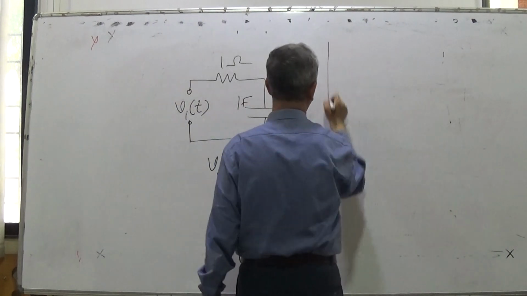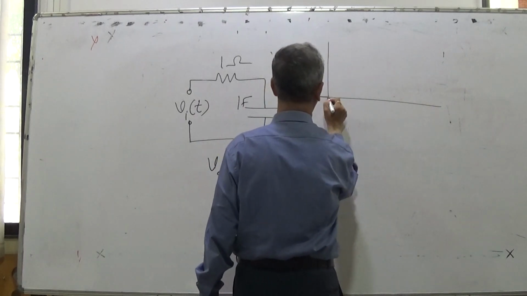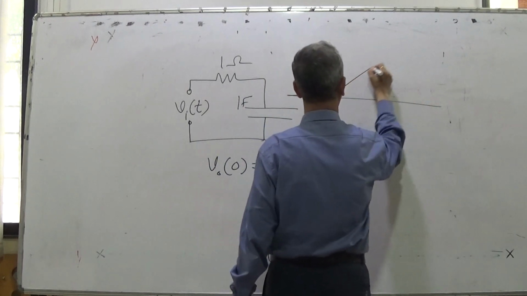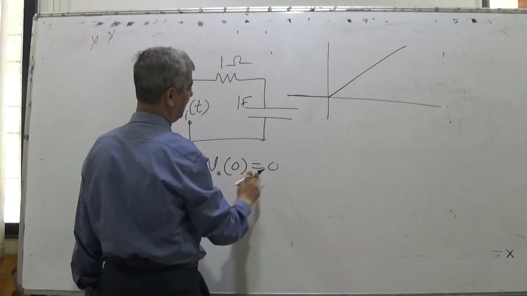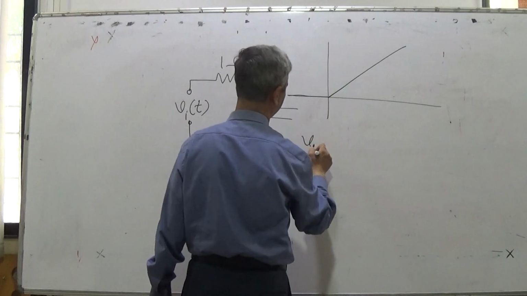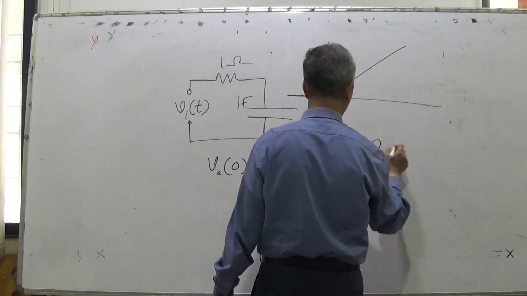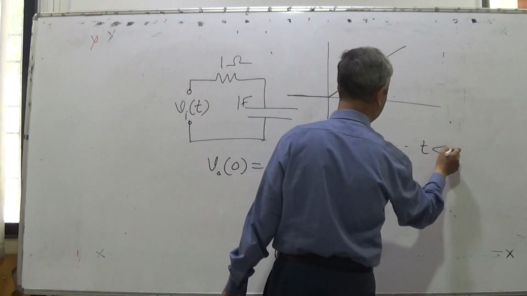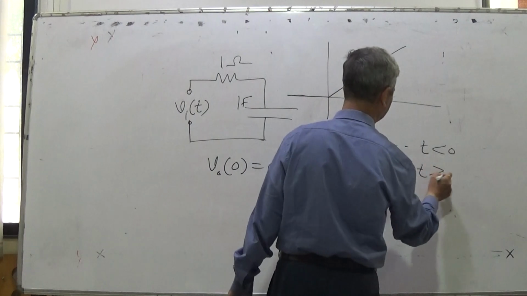If I apply input like this, Vin(t) was 0 till 0, and after that Vin(t) is t. So Vin(t) is equal to 0 for t less than 0, and is equal to t for t greater than or equal to 0.